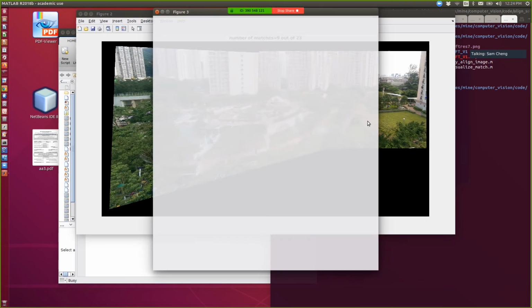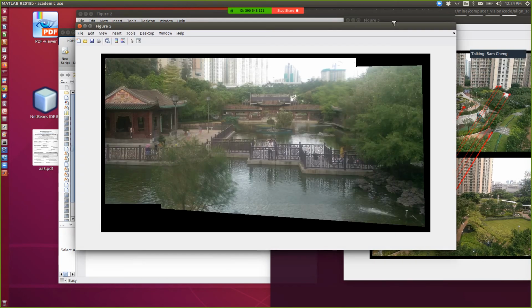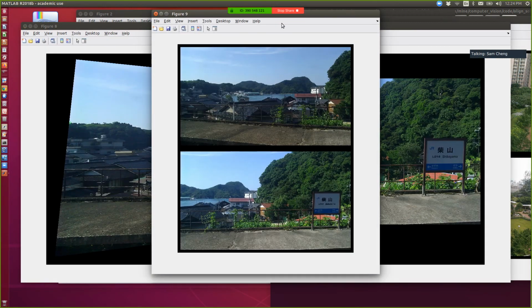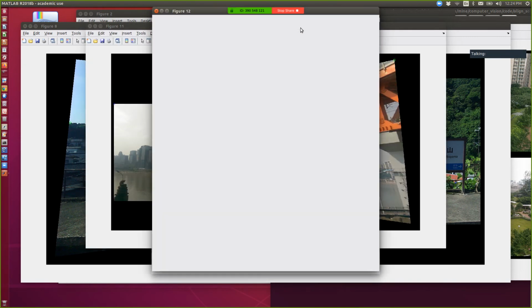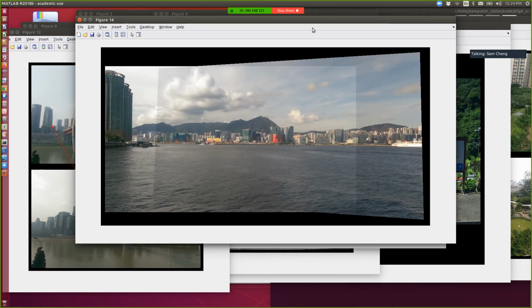Okay, so this is another example. In MATLAB, I probably should update this with OpenCV somehow, but the idea is the same, right?